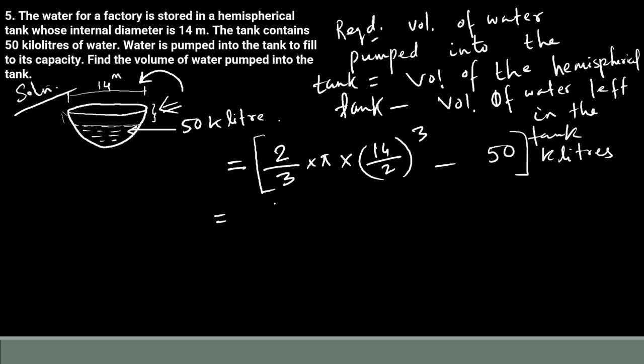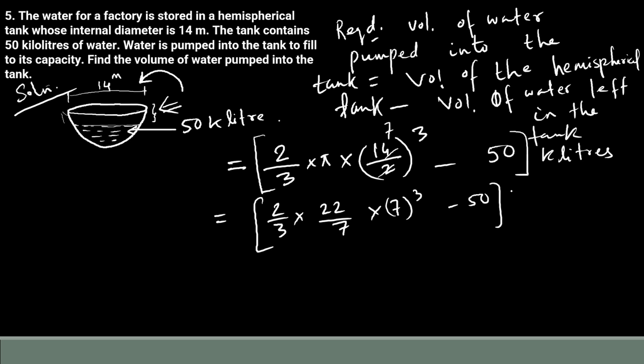So now r will be 7. So 2/3 times 22 by 7 times 7 cube minus 50. So we get this many kiloliters. So this will get cancelled and we will get 7 square.